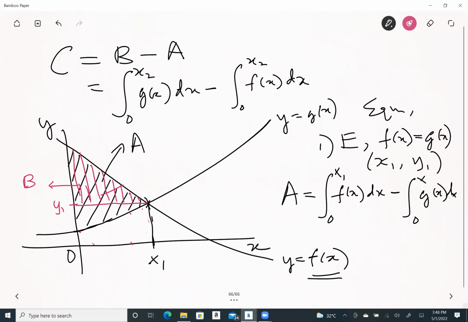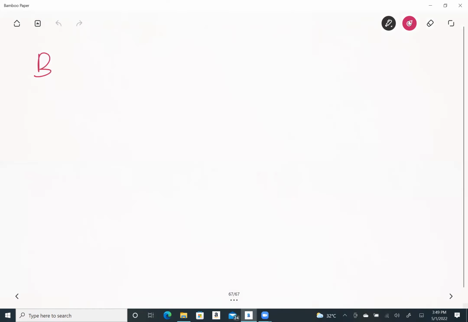Now you know the interval is from 0 to x1. And of course, you already found the equilibrium. So now I want to find area B. So area B is equal to the integral from 0 to x1 of f of x.